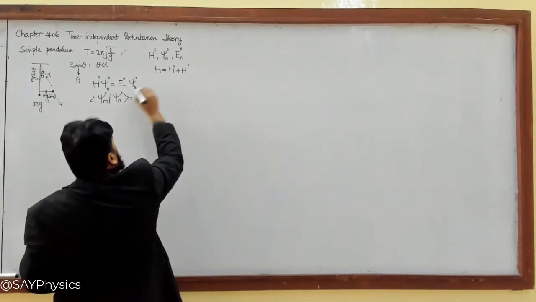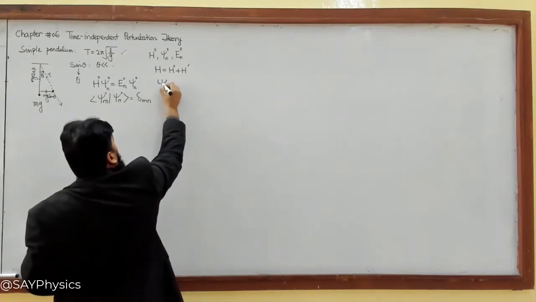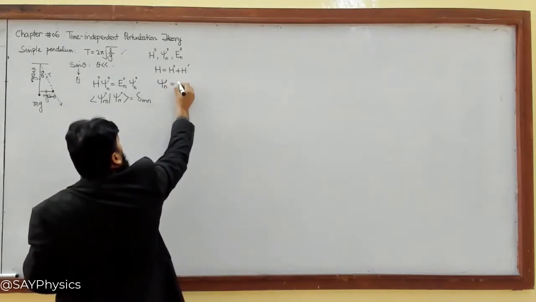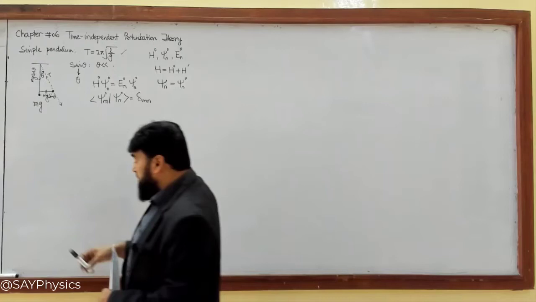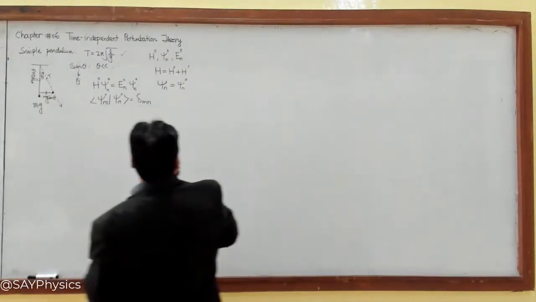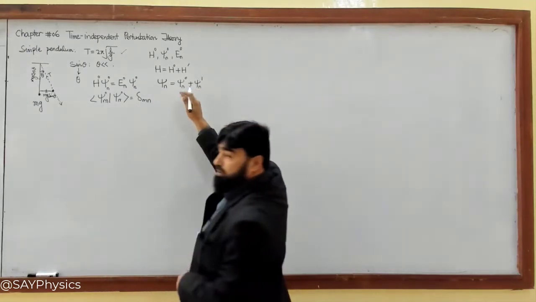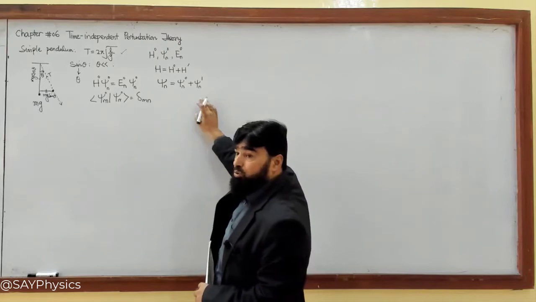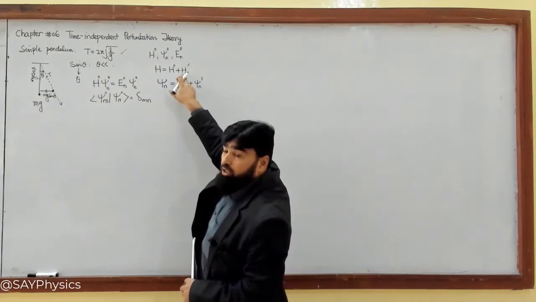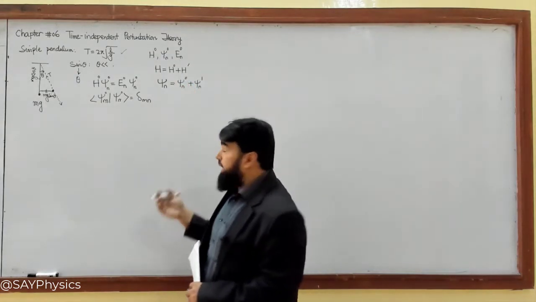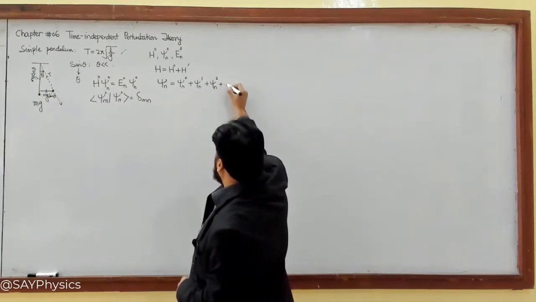Our wave function psi n will be equal to the normal wave function, the one which is unperturbed, and then the correction term to it when it becomes perturbed. So this is the first order correction to the wave function, meaning when the perturbation H prime acts, the wave function will also change, and psi n2 plus and so on.